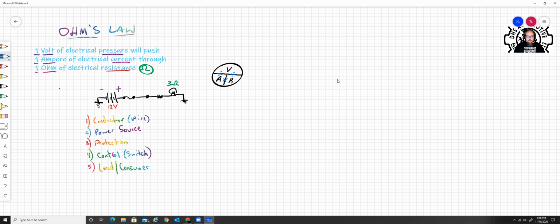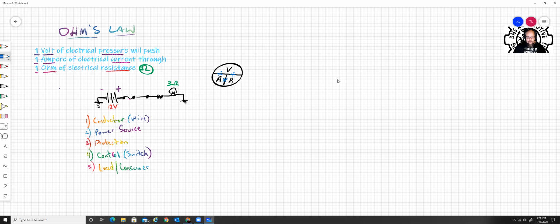Okay, so I have my volts, I have my ohms, I'm missing my amps. If I look at this right here, I can figure out which math problem I need to do in order to solve my missing value. So I have 12 volts, 3 ohms here. 12 divided by 3 is what?